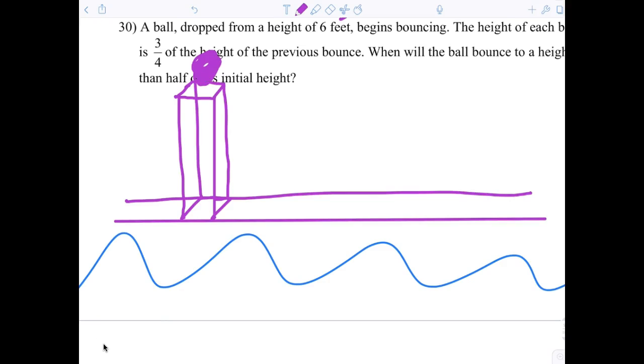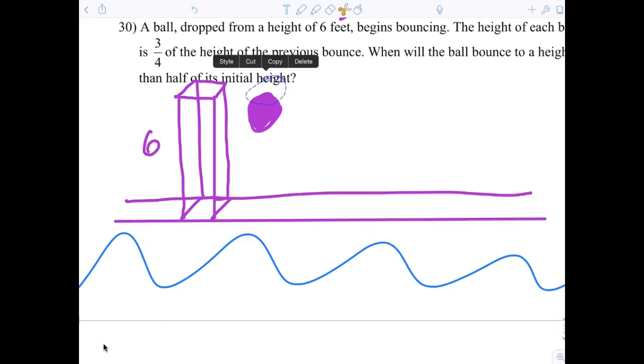I'm taking the ball that I'm getting ready to drop, and it's 6 feet off the ground. Everybody can do that. Now I take the ball, it hits the ground, and then it bounces up.